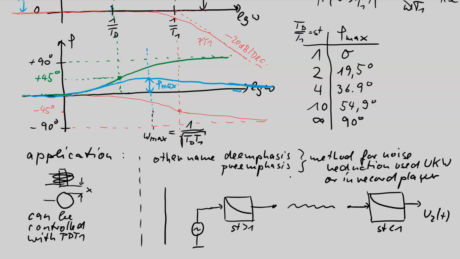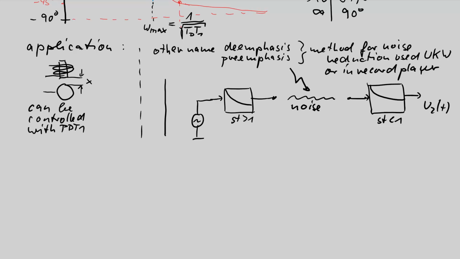So normally in signal transmission we have a noise added to our signals with which we send our music or so. The trick is now, here you add the amplitude of high frequencies.